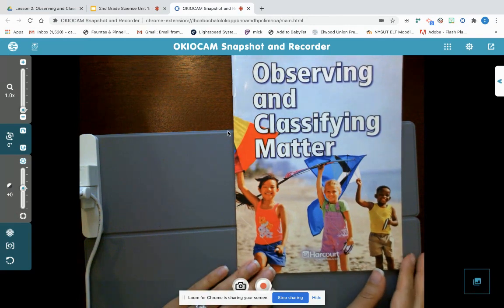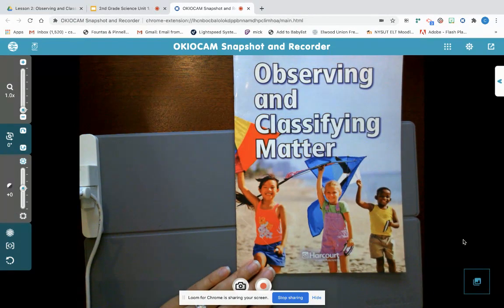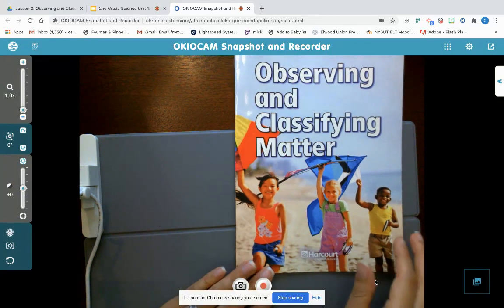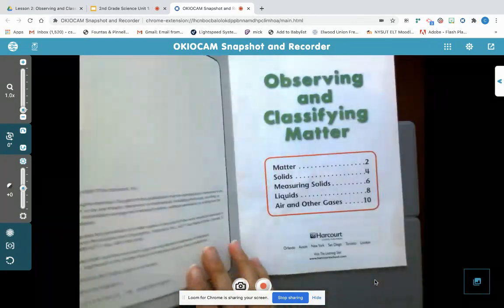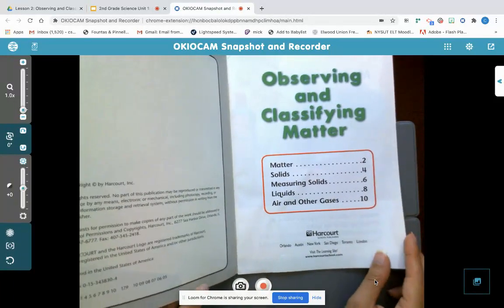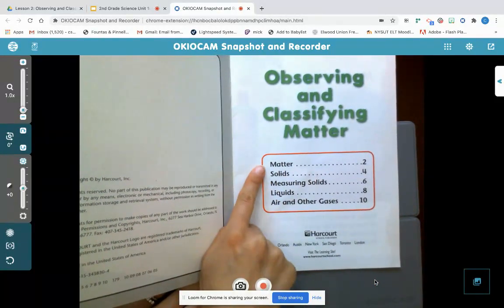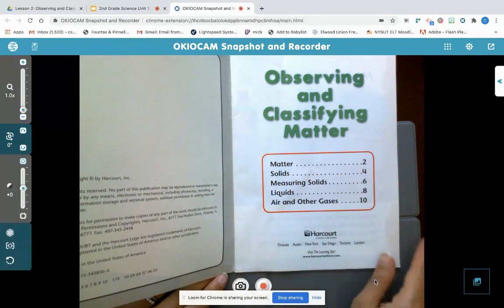Okay, here's our book, Observing and Classifying Matter. So our table of contents, we'll be learning about matter, solids, measuring solids, liquids, air, and other gases.